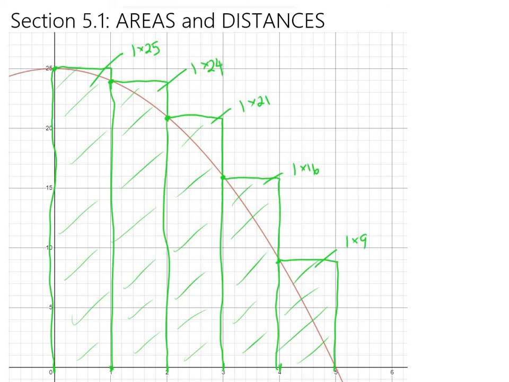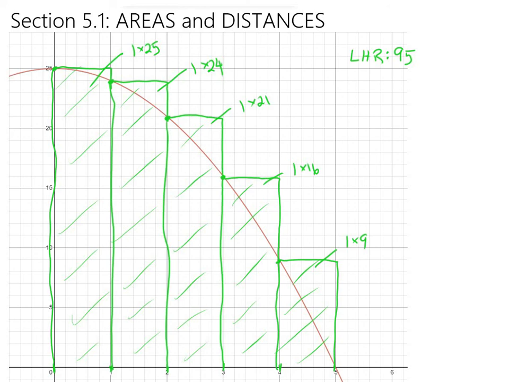So when we add all these up, we get our left hand rectangle approximation: 25 and 24 is 49, 70, 86, 95. Okay. So that's the idea behind using either left hand or right hand rectangles.